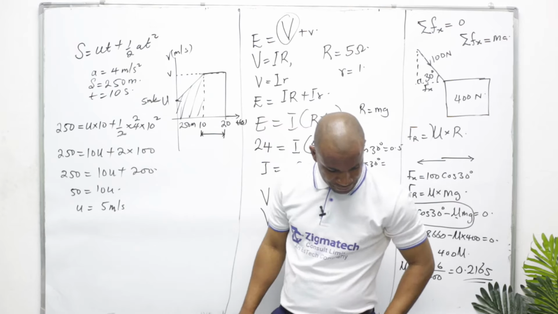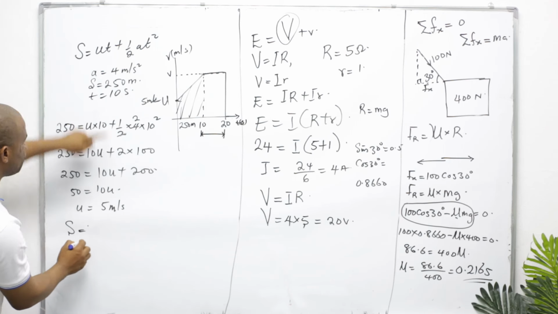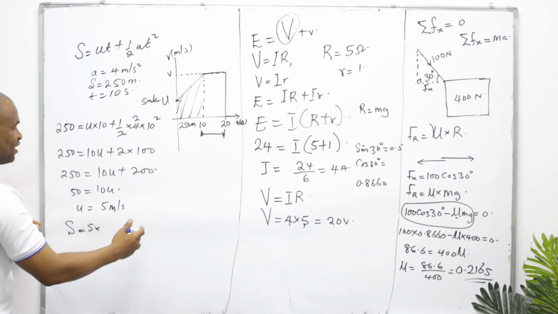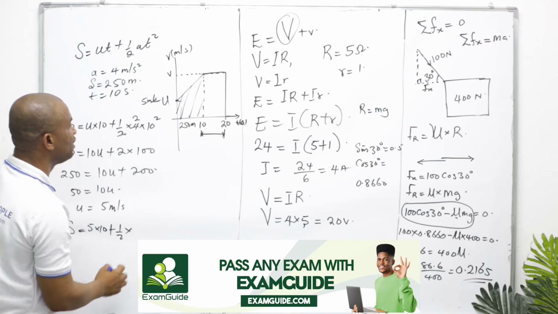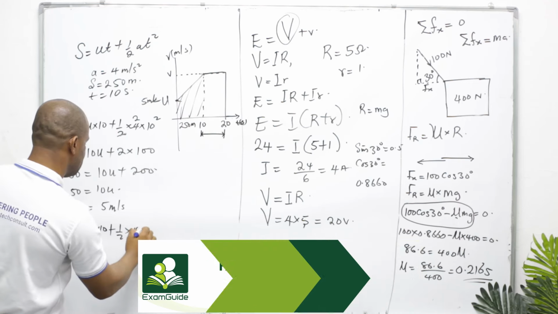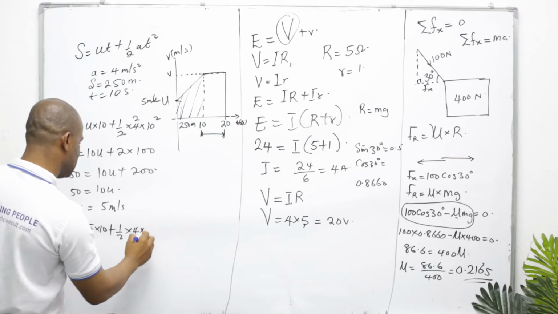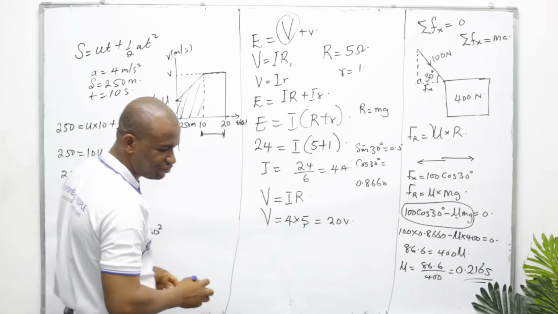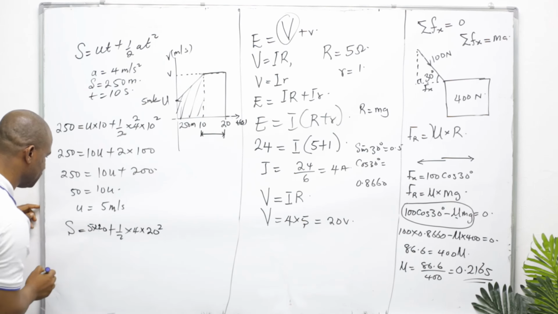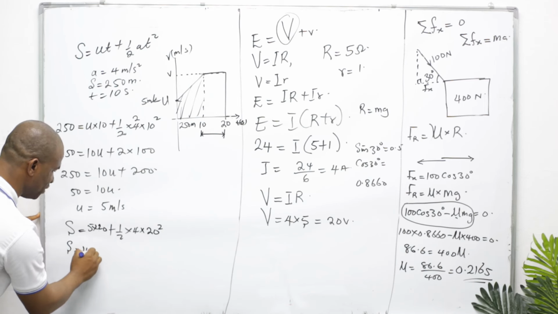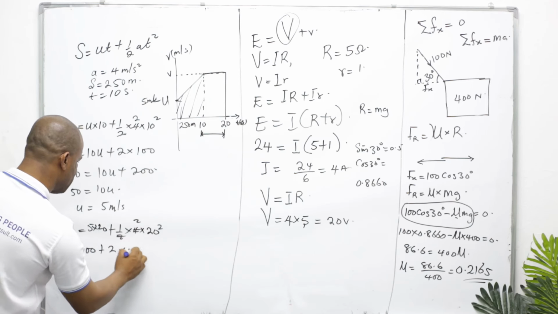So S is equal to, U is given as 5, I'm still using this formula, I've found U to be 5, times the time. From the start all the way to this place, T is going to be 20. So S is 5 times 20, which is 100, plus half times A, acceleration is still 4, times 20 squared, which is 2 times 400.